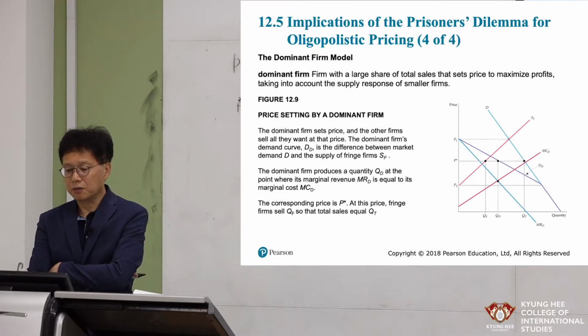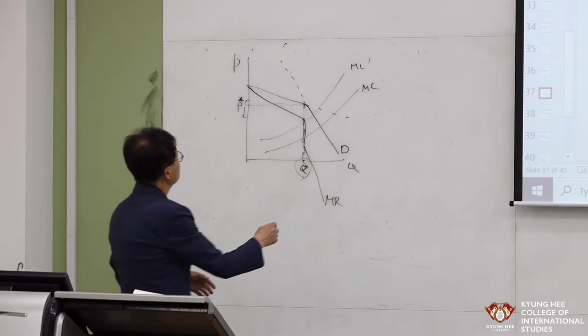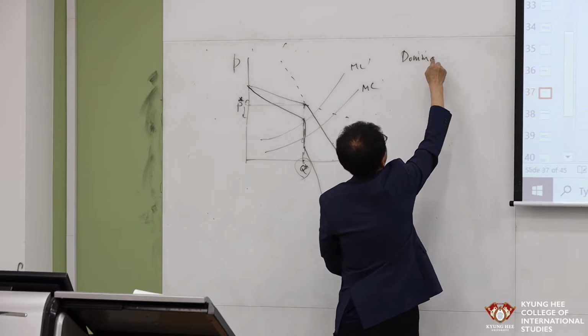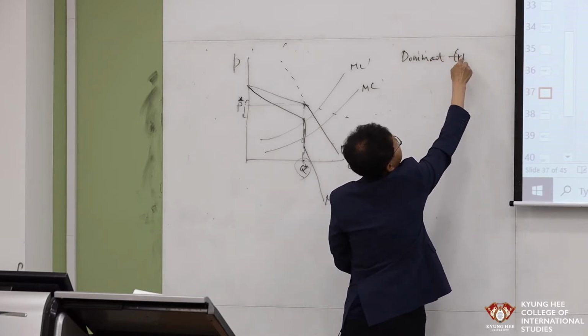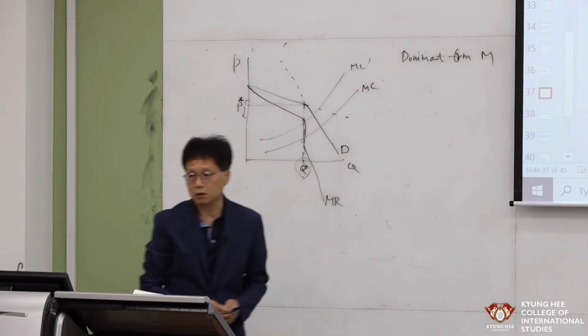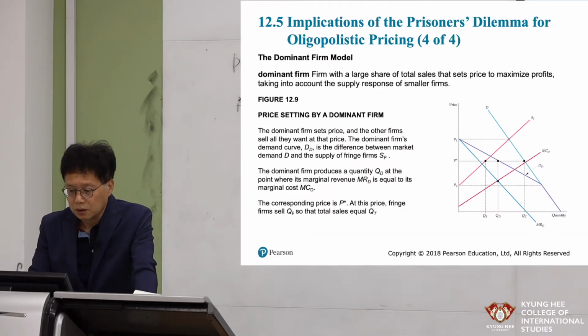Implications of the prisoner's dilemma for oligopolistic pricing: the dominant firm model. This is also very important. What is a dominant firm? A firm with a large share of total sales, total demand, that sets price to maximize profit.